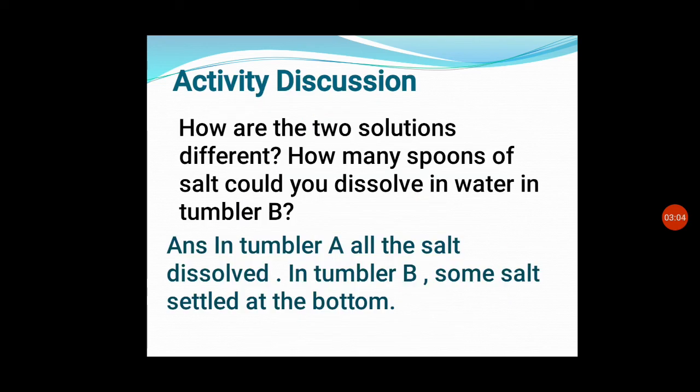Now, how are the 2 solutions different? How many spoons of salt could you dissolve in water in tumbler B? In tumbler A, all the salt dissolved. In tumbler B, some salt settled at the bottom. Now, why did it settle at the bottom? We'll come to know.